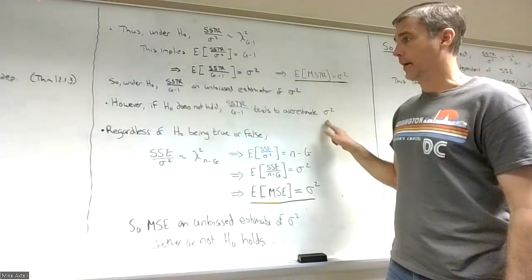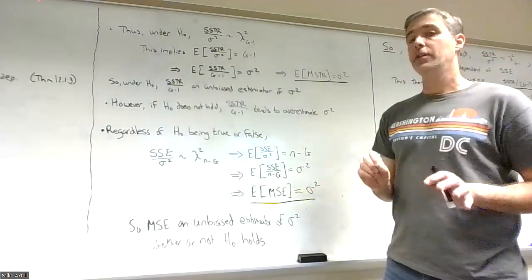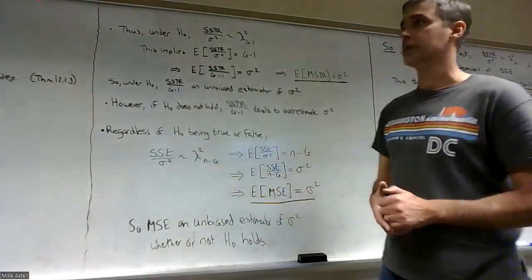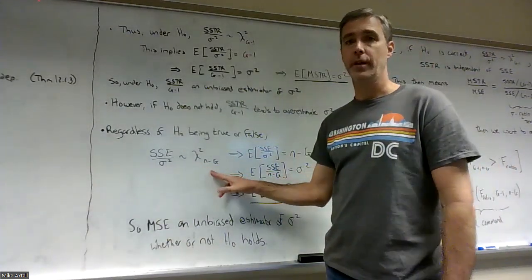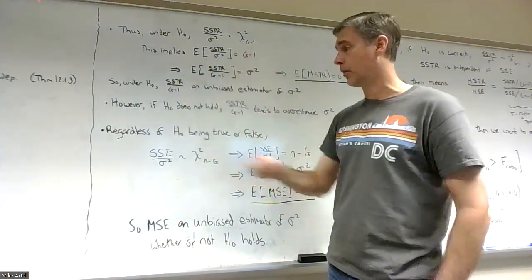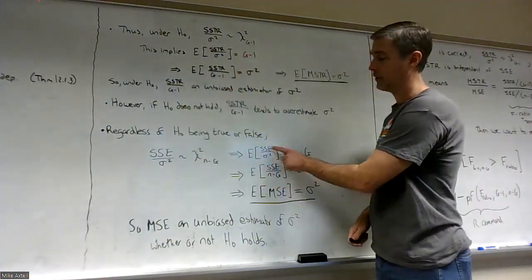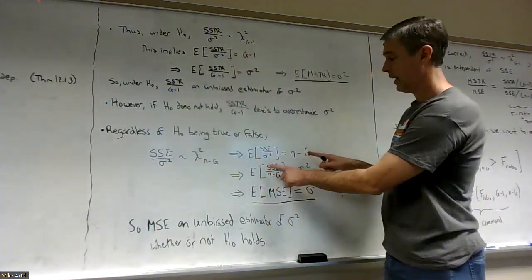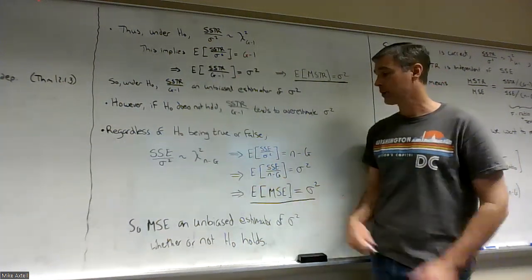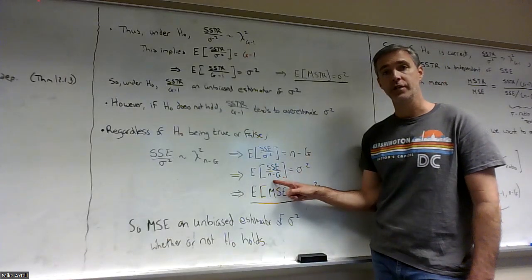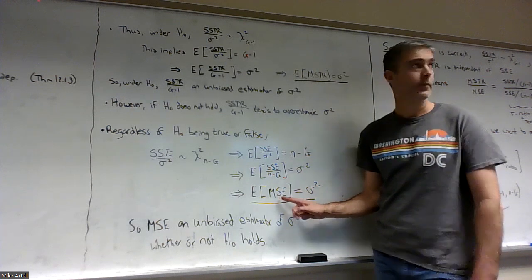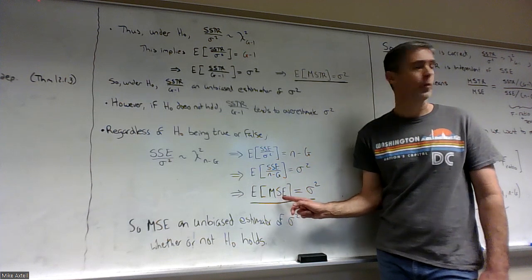Now, independent of whether H0, the null hypothesis, is true or false, we always have that SSE over sigma squared is chi-squared distributed with n-G degrees of freedom. So this is always true. The earlier statement was only true under H0, but this is always true. So I can get the expected value of the error sum of squares over sigma squared to be n-G. I can flip my two numbers again, and I see I have another unbiased estimator of sigma squared, namely SSE over n-G, which on a previous panel we defined to be the mean squared error.